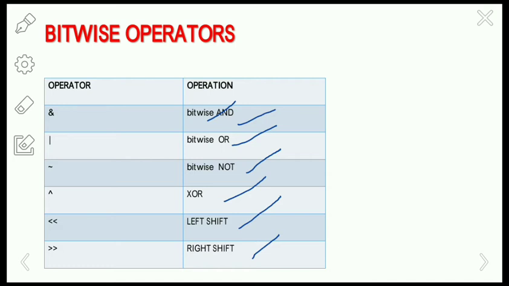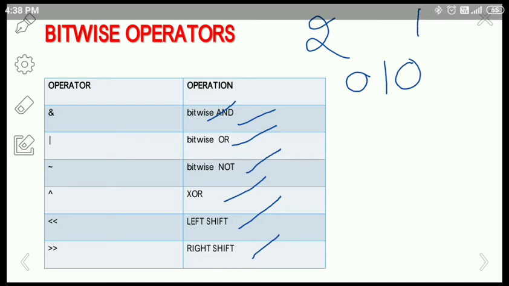First of all, let us see this with a simple example. I am taking the decimal value 2. If it is converted to a binary value then it will become 0 1 0. I'm going to take another value, that is 1.